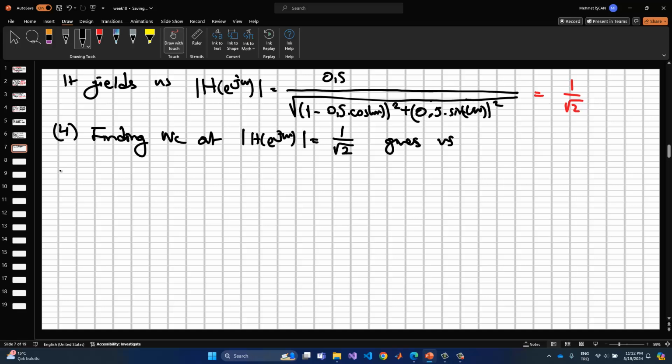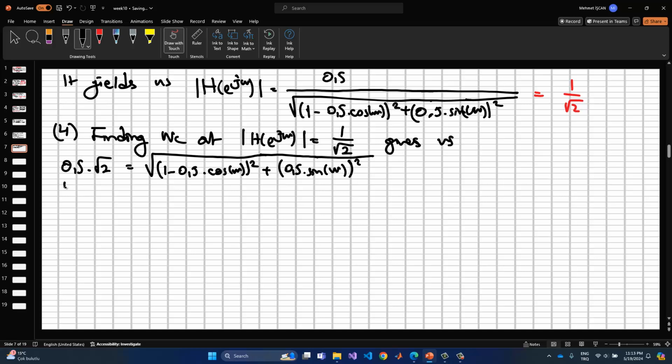This relation can be written as 0.5 times square root 2 equals the square root of (1 minus 0.5 cosine w) squared plus (0.5 times sine w) squared.